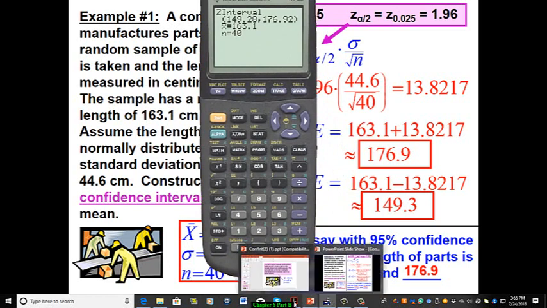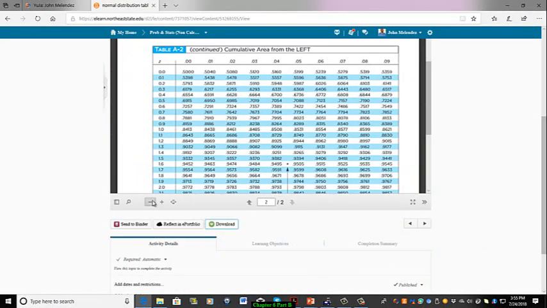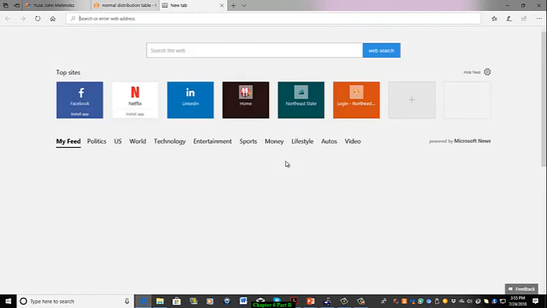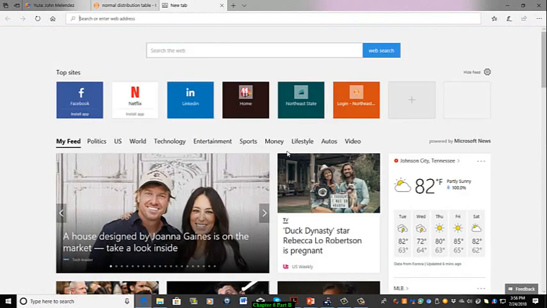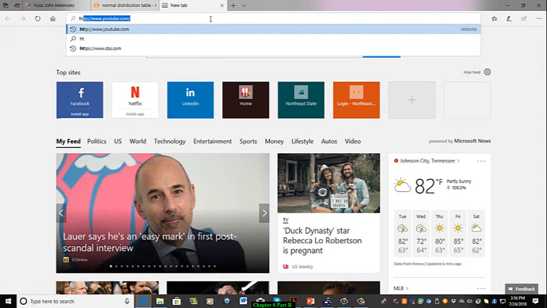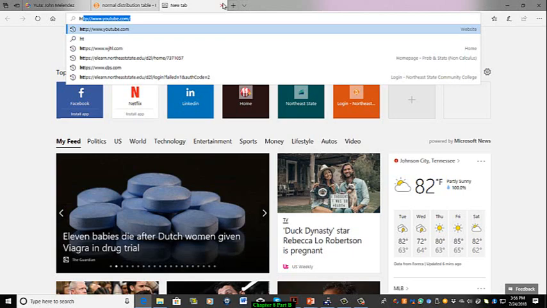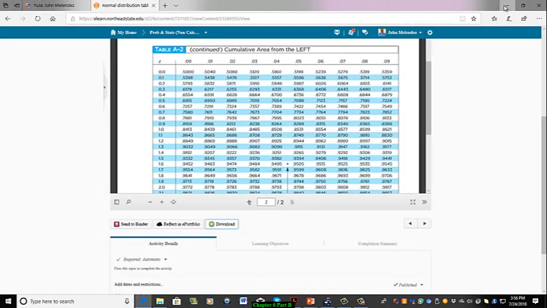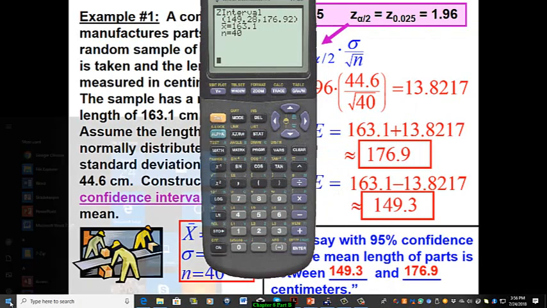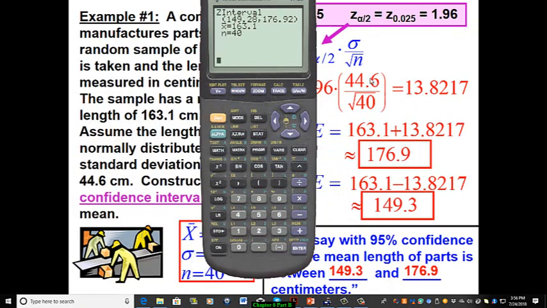Now, I don't think I have StatCrunch going right now. Let me go ahead and get into StatCrunch. Sorry. I need to go through Google because it's easier to do it through Google Chrome.